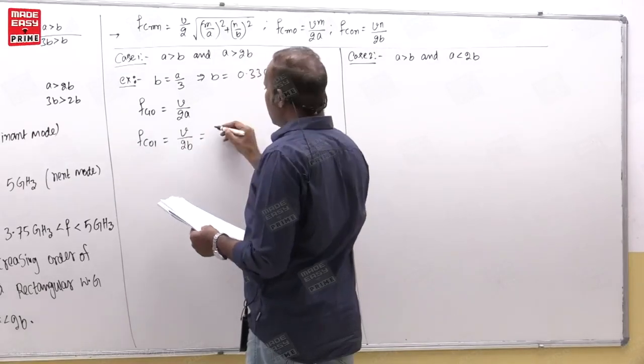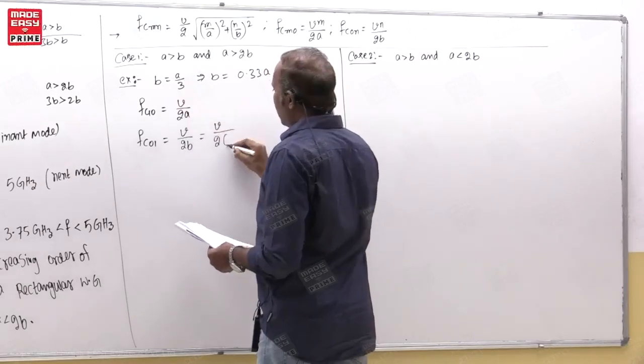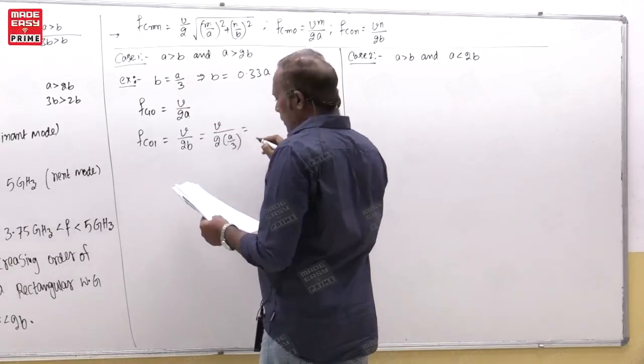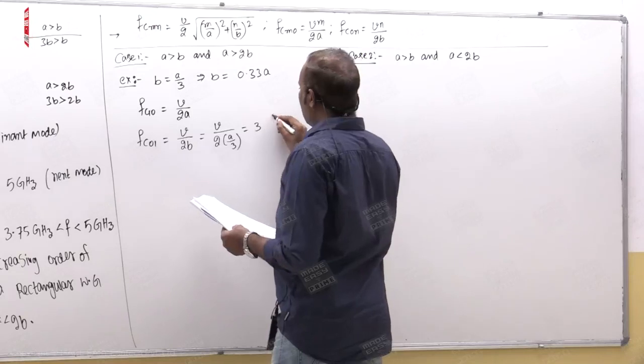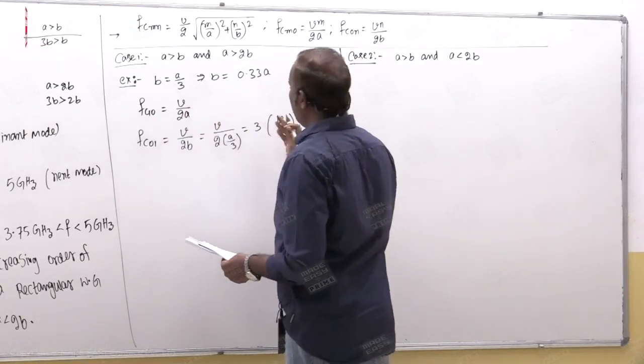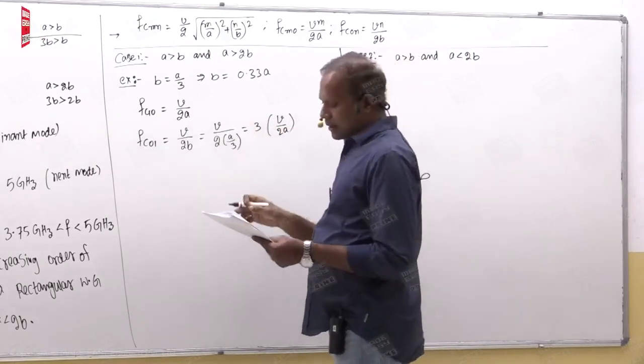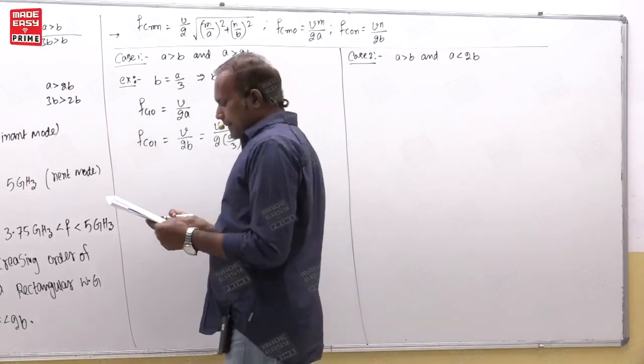Now you substitute B is equal to A by 3, then we get 3 into V by 2A. Actually FC10 is V by 2A. Let us solve every frequency in terms of V by 2A, that is the least frequency.